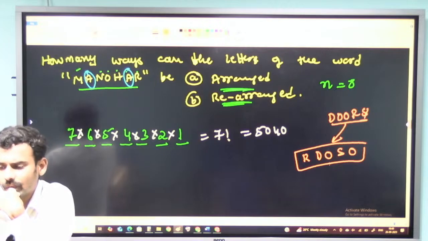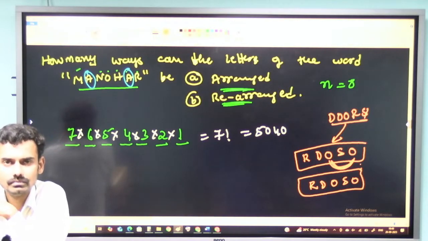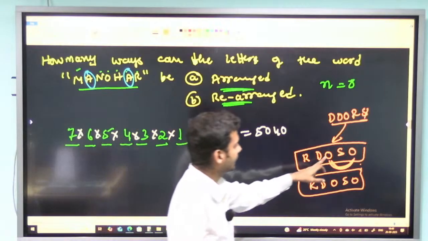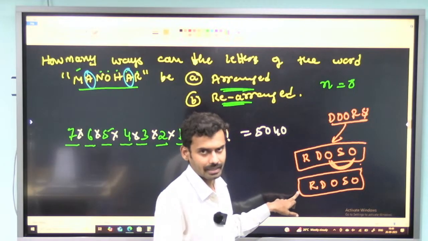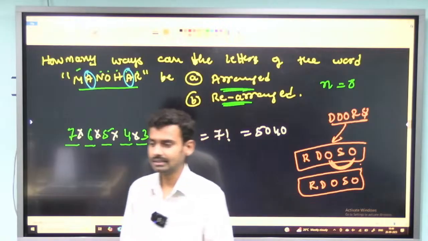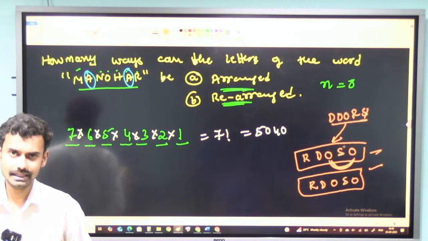Now if I try to rearrange them, if I swap these two O's, like R, D, O, S, O, don't you think the word is not changed? If I write this O here and this O here, am I getting a different word or the same word? I will be getting the same word. Which means this cannot be counted as two different arrangements. It is one and the same.